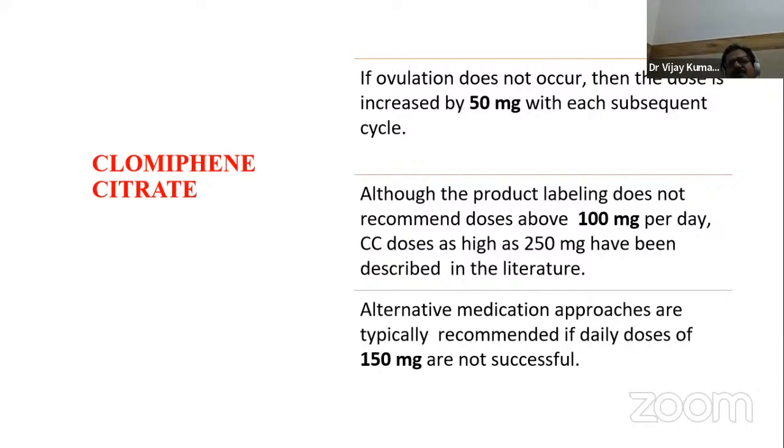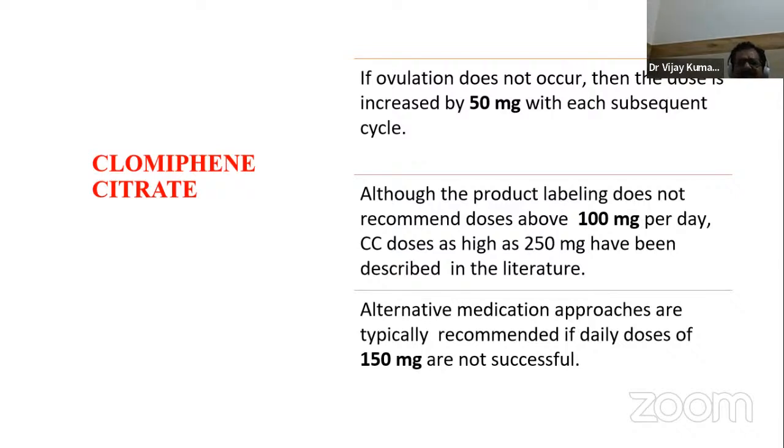Suppose the ovulation doesn't occur, then you can increase the dosage of clomiphene citrate by 50 milligram. Suppose she was previously taking 50 milligram, you can increase it to 100 milligram OD for 5 days. Likewise, you can go on increasing the dosage up to as high as 250 milligram.